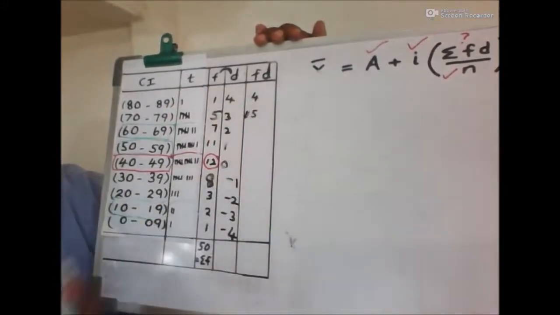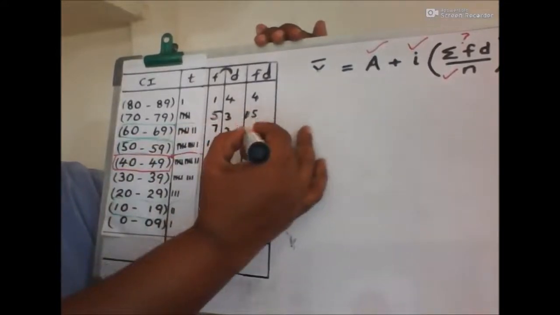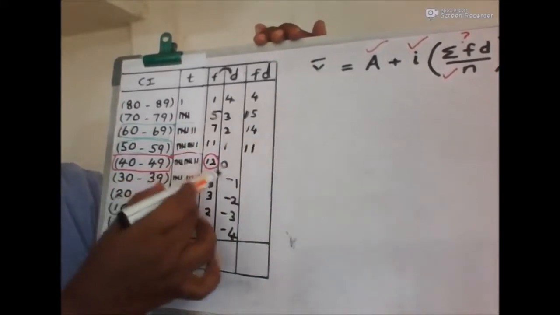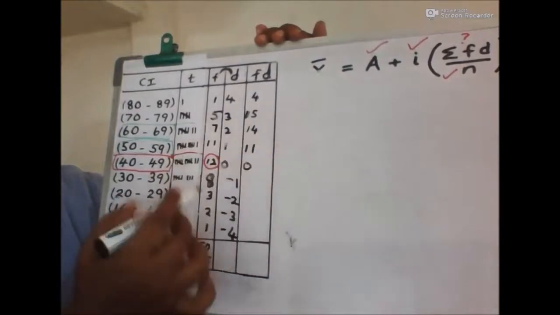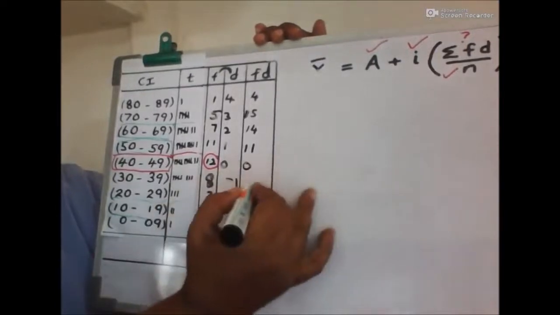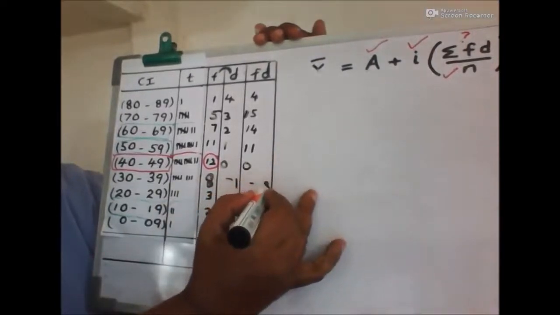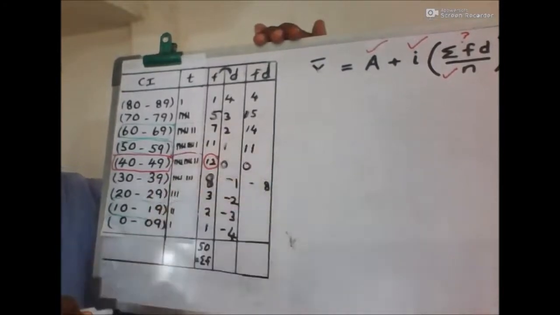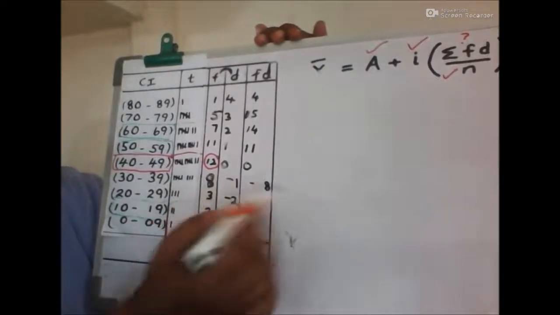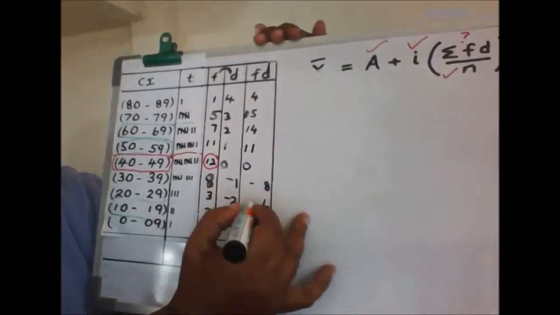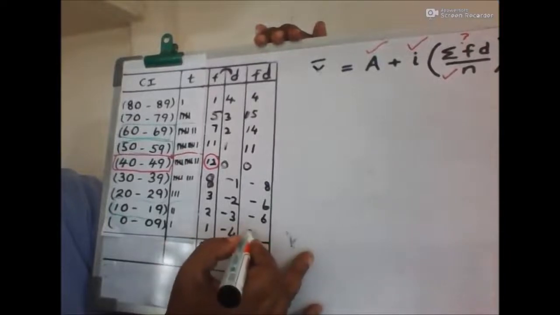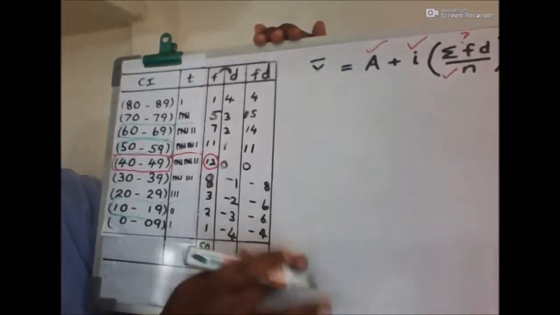Then 7 into 2, 14. 11. 12 into 0, 0. 8 into minus 1, minus 8. Put all the minus values here next to the line. 3 into minus 2, minus 6. 2 into minus 3, minus 6. 1 into minus 4, minus 4.